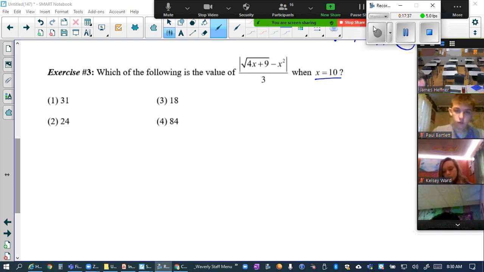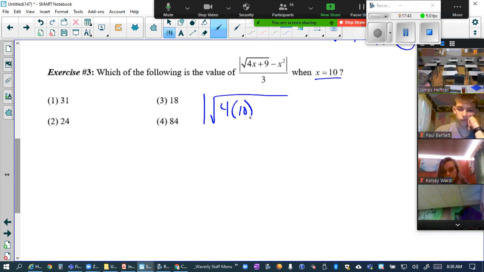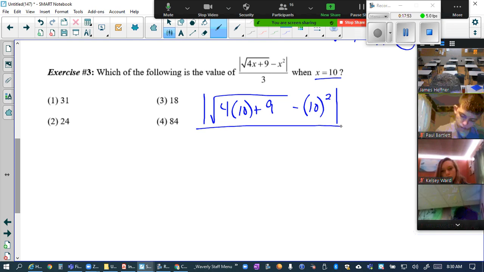Okay. So absolute value of the square root of 4 times 10 plus 9, and outside there's the x squared, all over 3. This is so big. So let's do our order of operation.